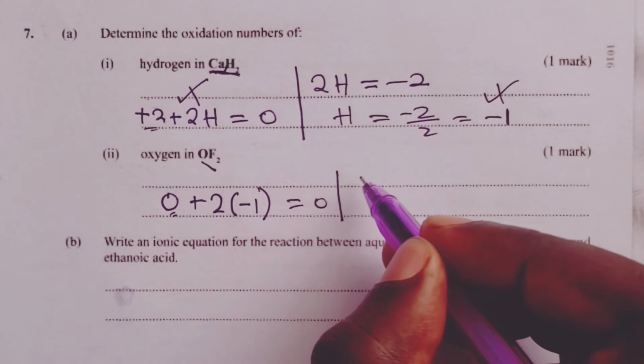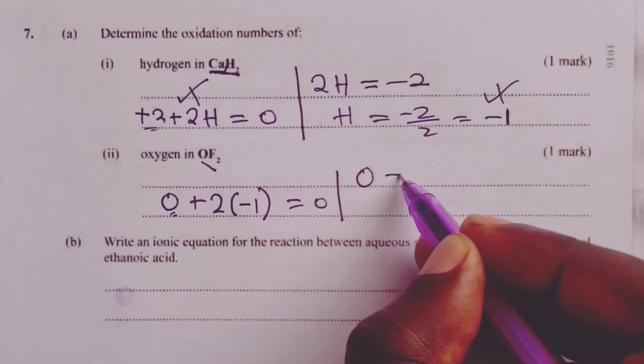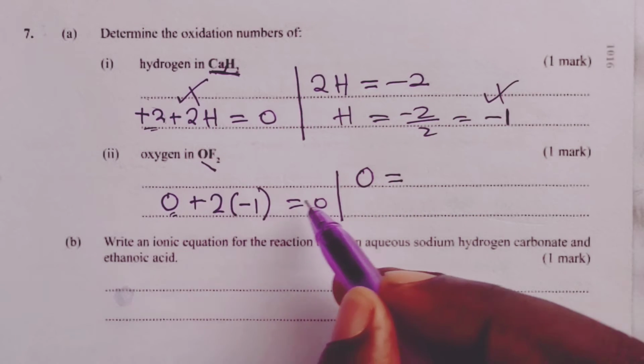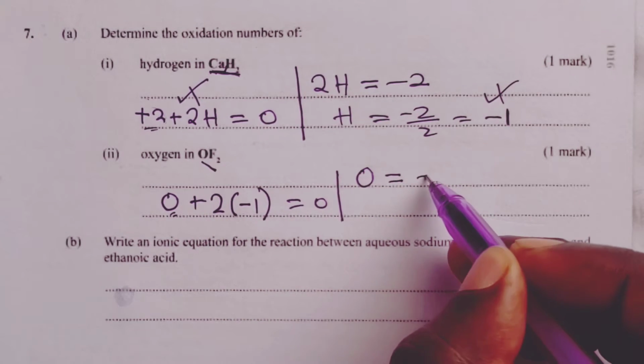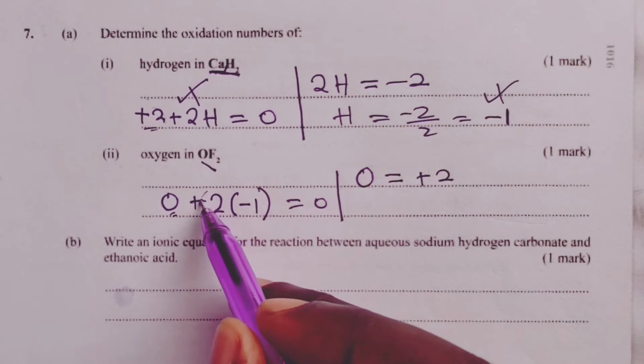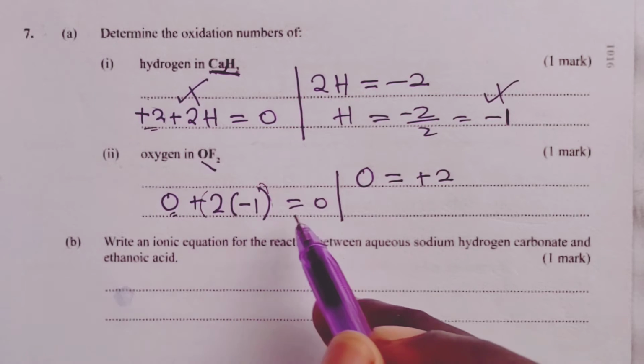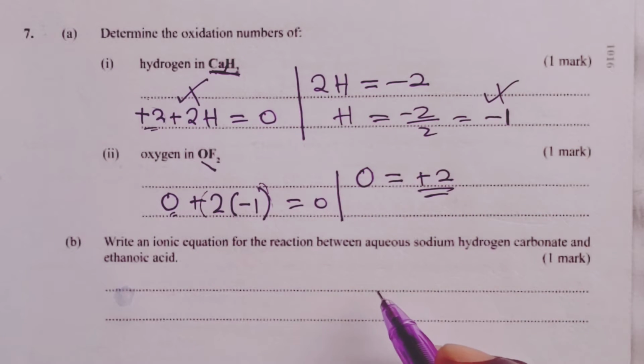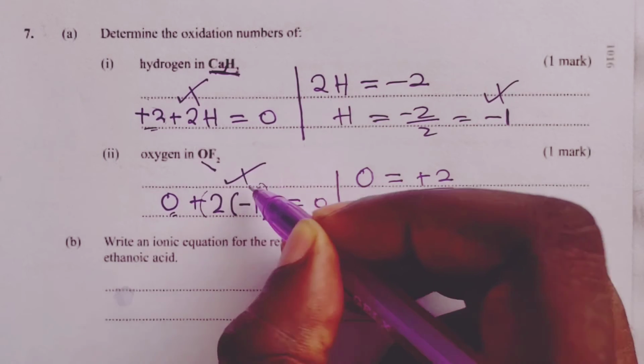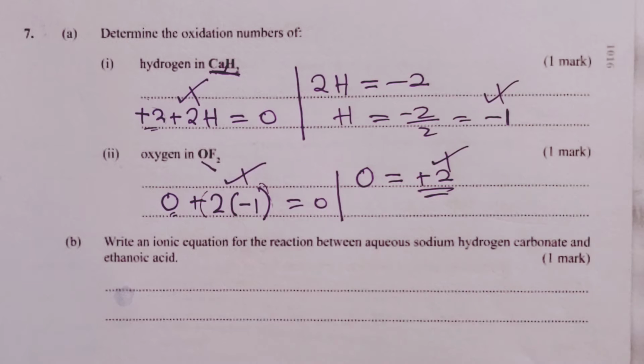Now, by working out, we get the oxidation number of oxygen to be +2. That is, when we work this out, we get -2, and then for us to eliminate it on the left, we would add 2 both sides. That gives +2 as the oxidation number of oxygen. Half a mark for that relation, half for the answer.